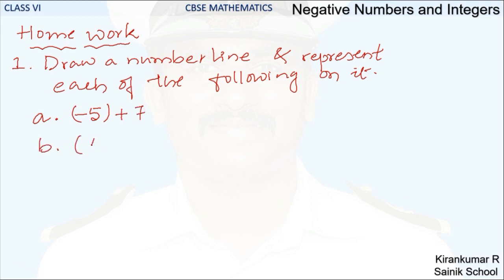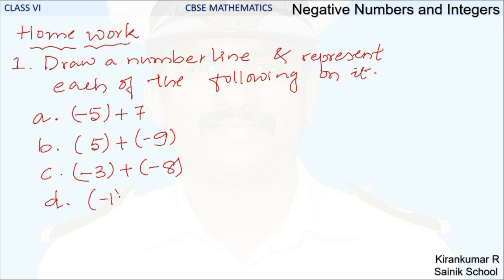Second one, positive 5 added to negative 9. Third one, negative 3 added to negative 8. Fourth one, negative 1 added to negative 2, then added to positive 2.